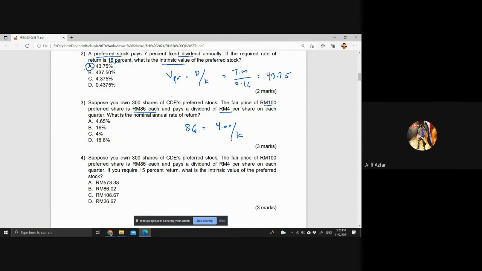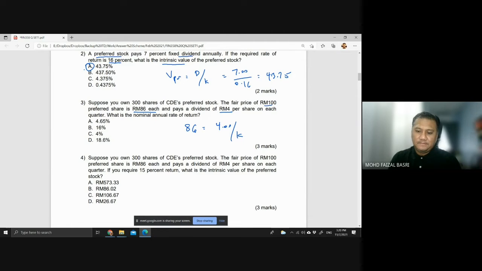I double checked, 4.65. Okay, so the answer is A. 4.65. So you can cross-multiply to get 86K. So K, just find K, bring 86 here. So it's RM4 divided by 86. Okay, so you get 4.65%. Multiply by 100 to get the percentage.